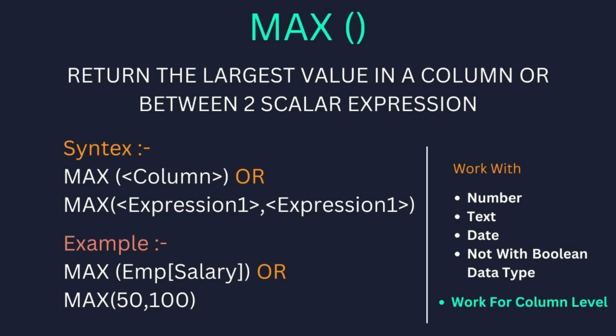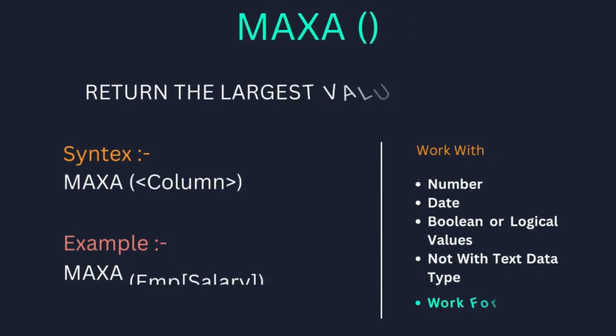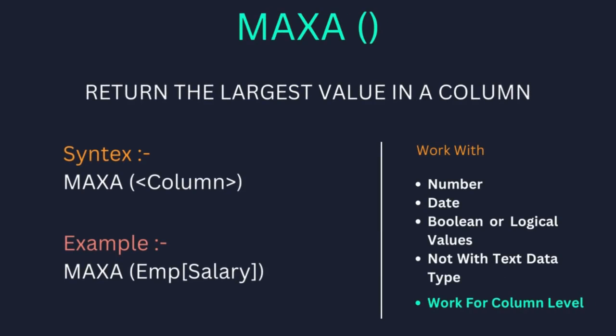Then the next is the MAXA DAX function. The MAXA DAX function returns the largest value in a column. The syntax is MAXA, then inside the bracket you have to pass the column name. For example, MAXA, then the salary column of the employee table. So it will give the maximum value of the salary column of the employee table as the output, right?